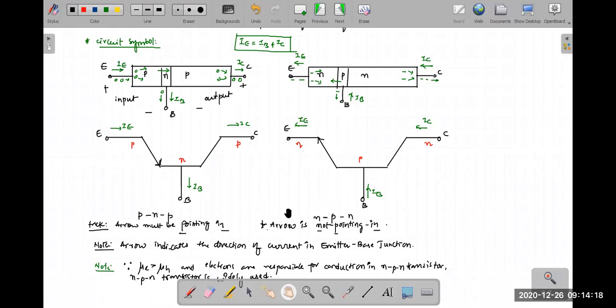We'll try to talk about it. In the next class, we'll talk about the construction of this transistor, and after that, in another class, we'll be doing some numericals based on this transistor.